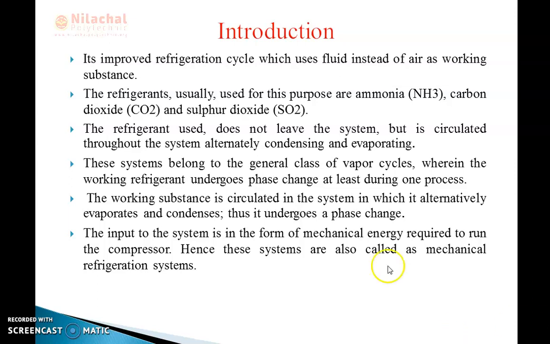Then you observe that in the open air refrigeration system, air is in direct contact with the room, but in the vapor compression refrigeration system the refrigerant does not leave the system but circulates throughout the system, alternately condensing and evaporating. These systems belong to the general class of vapor cycles wherein the working refrigerant undergoes a phase change at least during one process.